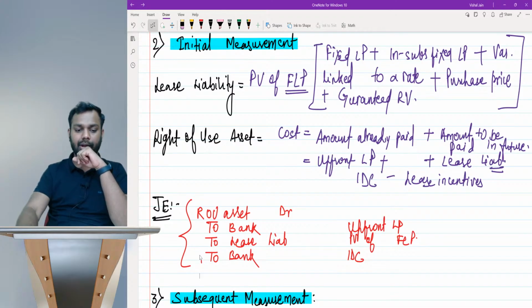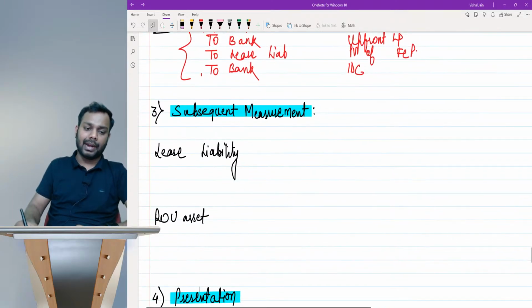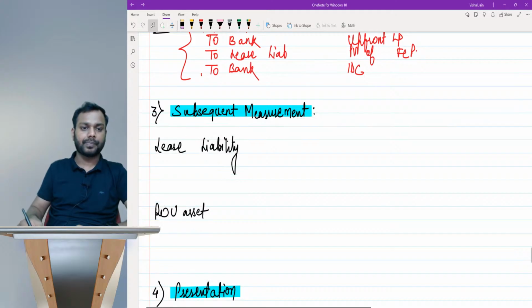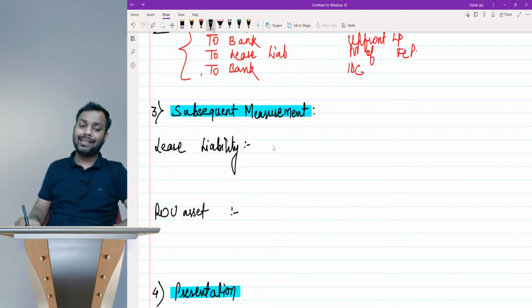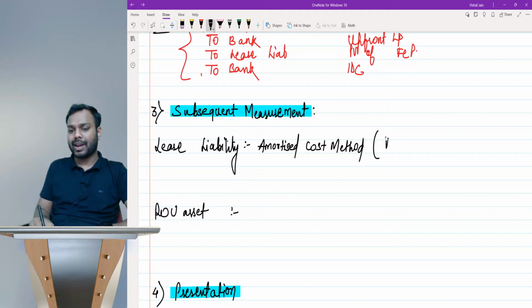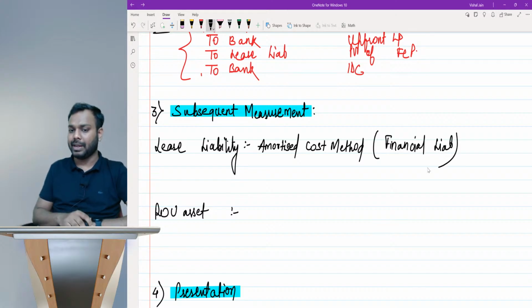Very good. Now coming on to subsequent measurement, how will the liability and the ROU asset be measured subsequently? Lease liability will be measured as per the amortized cost method, as per financial liability. If you can recall financial liability, how do we measure it?